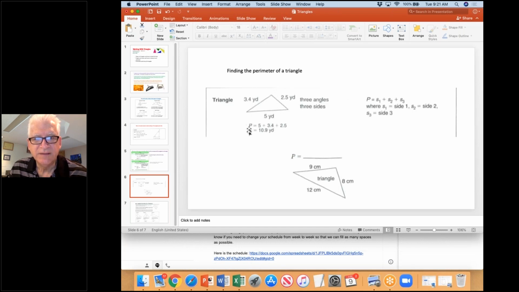Let P stand for perimeter. The formula for finding the perimeter of a triangle is side 1 plus side 2 plus side 3, where S1 stands for side 1, S2 stands for side 2, S3 stands for side 3. You add the three of them together, 5 plus 2.5 plus 3.4, and you get 10.9.